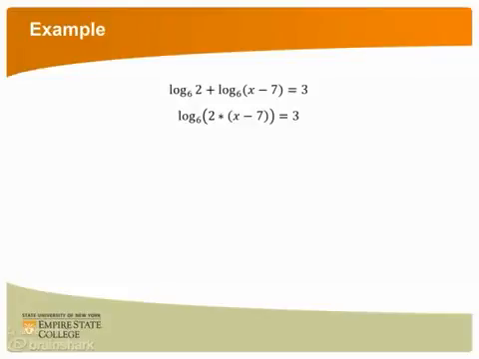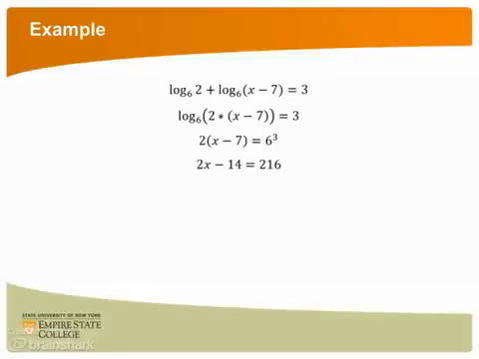So we are left with log base 6 of 2 times the quantity x minus 7 equals 3. We can transform the logarithmic equation into its equivalent exponential form. Doing so, we have 2 times the quantity x minus 7 equals 6 to the third power.